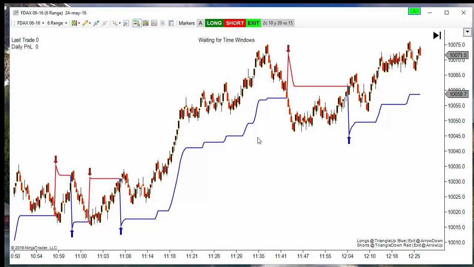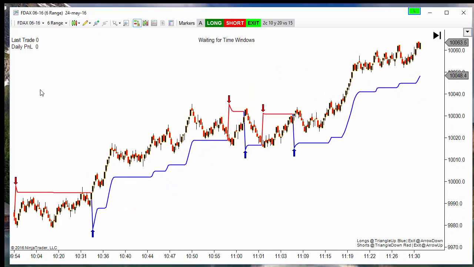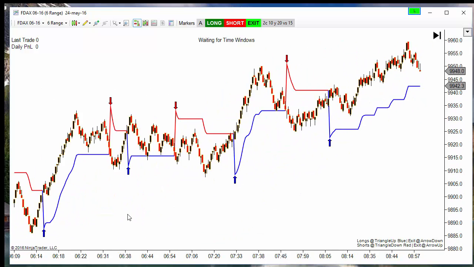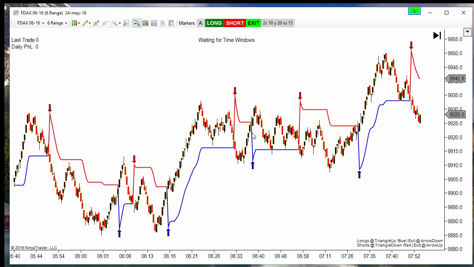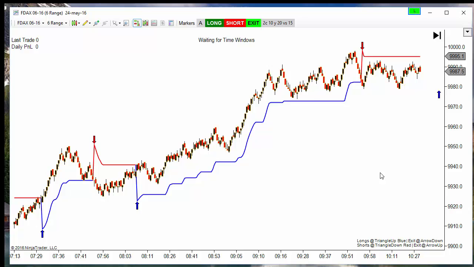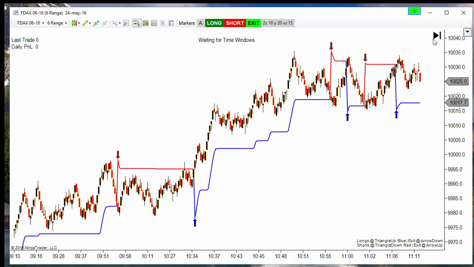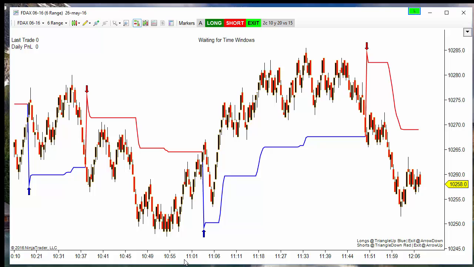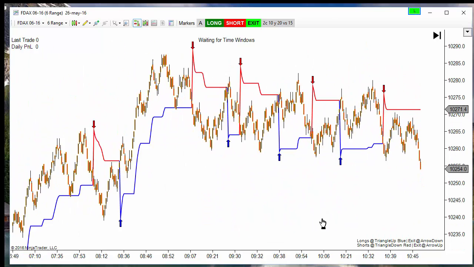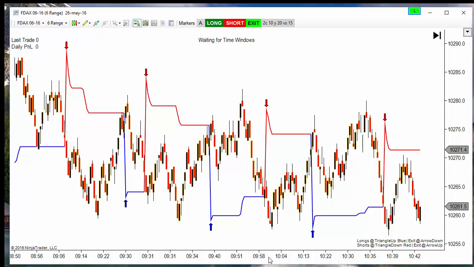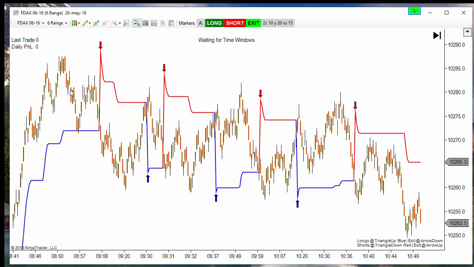It works very well with volatile instruments, and the weak point of the setup is when we have a consolidation range, or sideways. On some instruments the consolidation range is so big, like for example here, where we have too many trend reversals in a row.